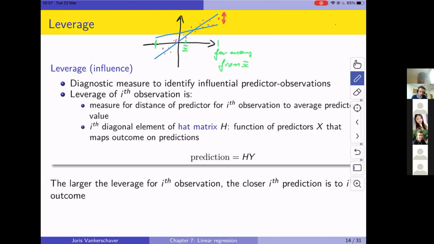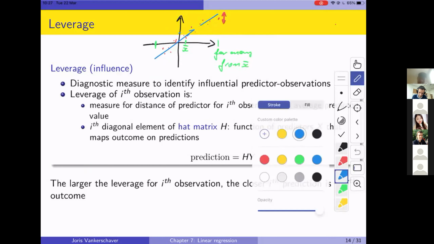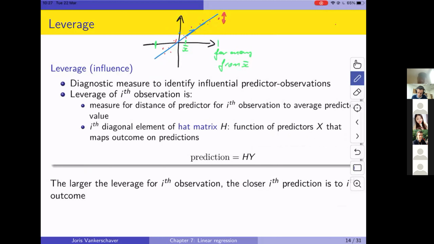Or if I move it a bit upwards, and maybe let me draw that in dashed to make the distinction, so I have my points and so on. If I move the point down, then maybe my regression line will look like this. And if I move the point up by a bit, maybe my regression line will look like that.